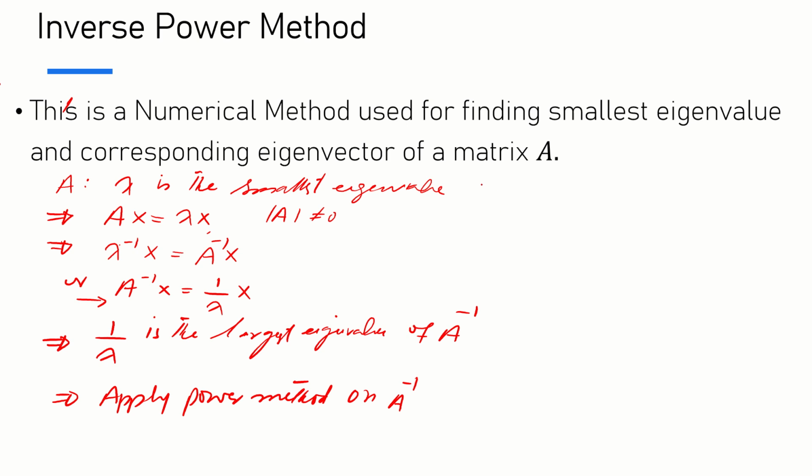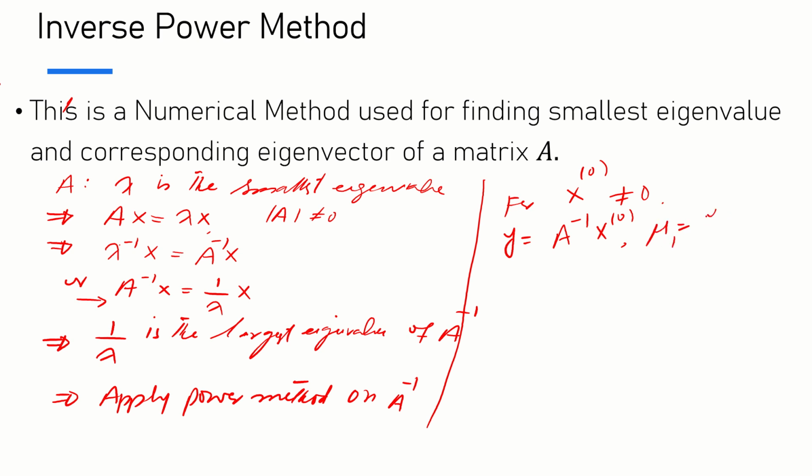How does it work? For a given initial value x0, we select x0, which is a non-zero vector. We would find y, but this time we will multiply A inverse with x0, and then we will find mu1, which will be the numerically largest value of vector y.